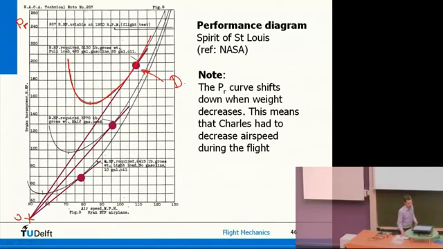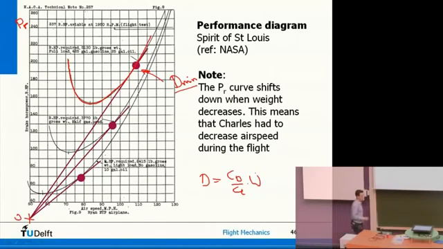And one thing I'll treat later is that I've already shown you that drag is a function of CD over CL multiplied with aircraft weight. So you can imagine as this aircraft is flying for hours and hours, it's starting to get lighter and lighter. So the drag curve and the power curve actually change a bit.